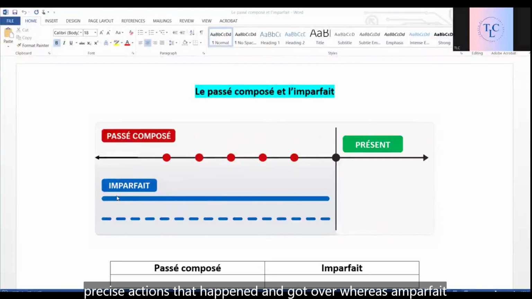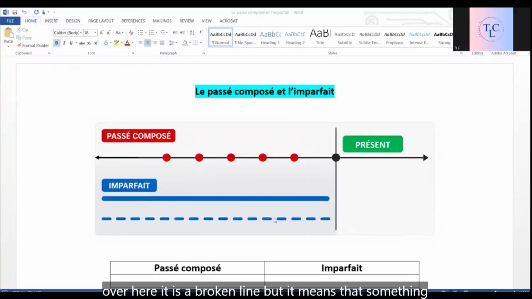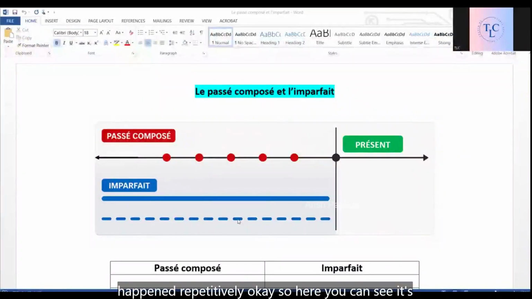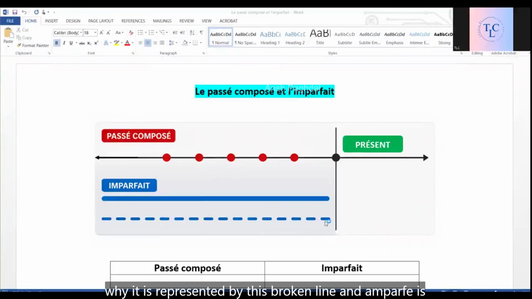Whereas imparfait is represented by a continuous line, or as you can see over here, a broken line, but it means that something happened repetitively. It's something like a habit or something that used to happen, but it didn't happen only once, it happened multiple times. That's why it is represented by this broken line.